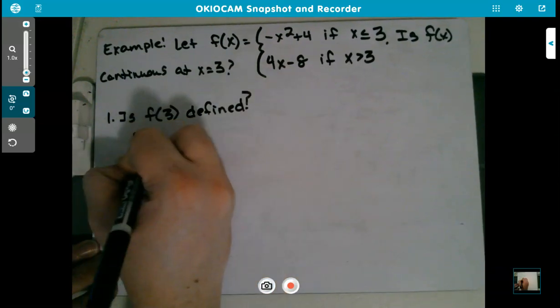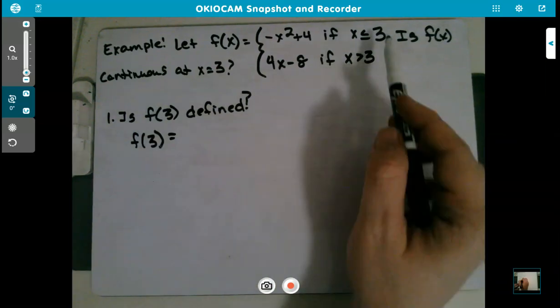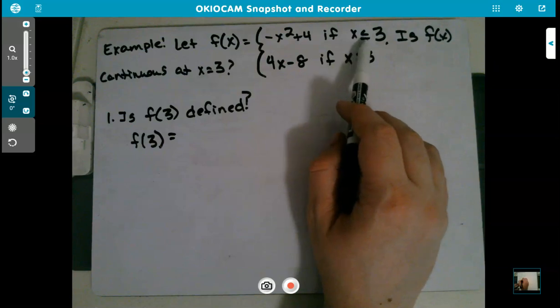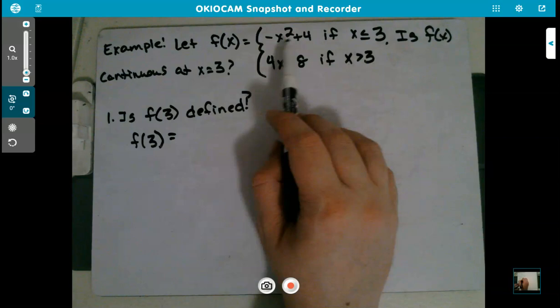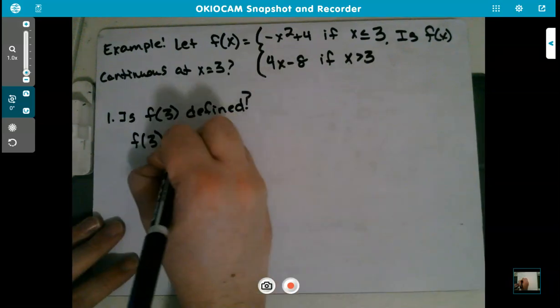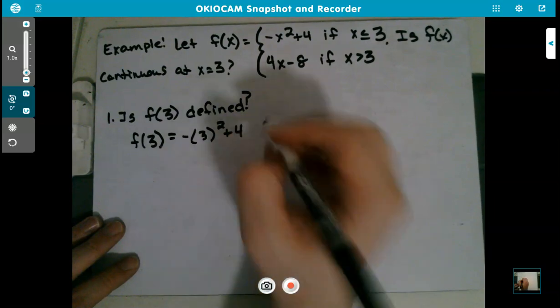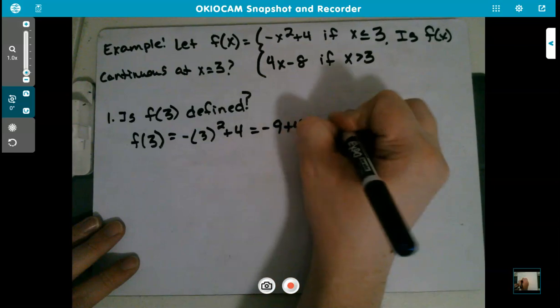For f of 3, since this is piecewise, I'm going to look and see which piece I want to use. Since this top part says x is less than or equal to 3, I'm going to use that one. So I know I'm going to use negative x squared plus 4. So that's going to be negative 3 squared plus 4. 3 squared is 9, so that's negative 9 plus 4, which gets you negative 5.